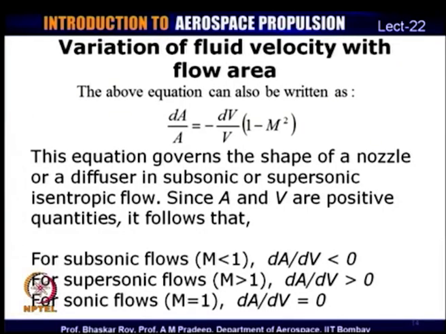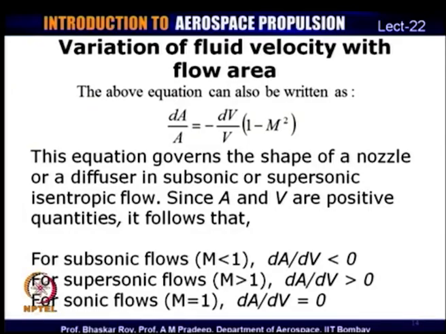This equation has a lot of significance in the sense that it governs the shape of a nozzle or a diffuser in subsonic or supersonic isentropic flows. Now, in this equation, area and velocity obviously are positive quantities, so depending upon the Mach number, whether it is greater than 1 or less than 1, area and velocity changes can be inferred.